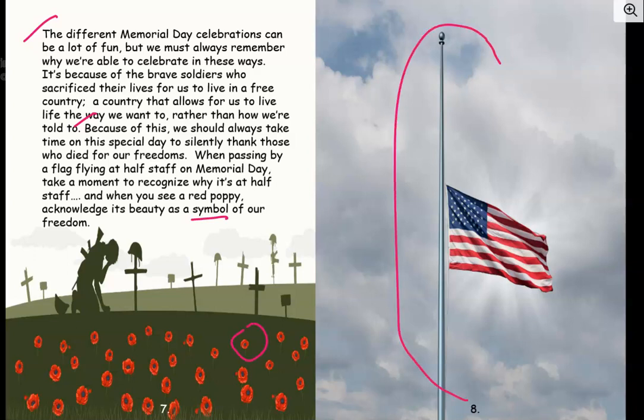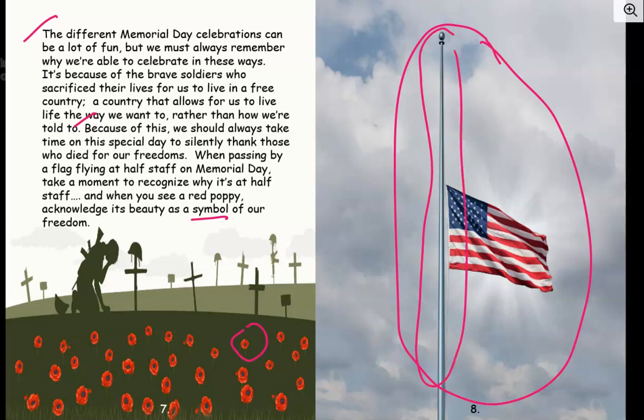This right here is an example of a flag flying at half-staff. Whenever you see a flag flying at half-staff, that means the staff is the pole right here, and the flag is in the middle of it, so half of it.